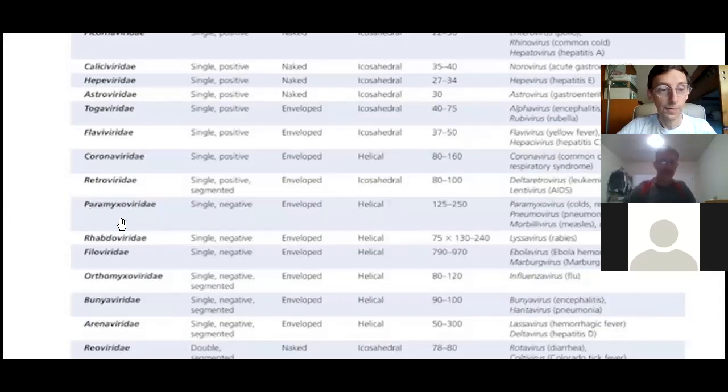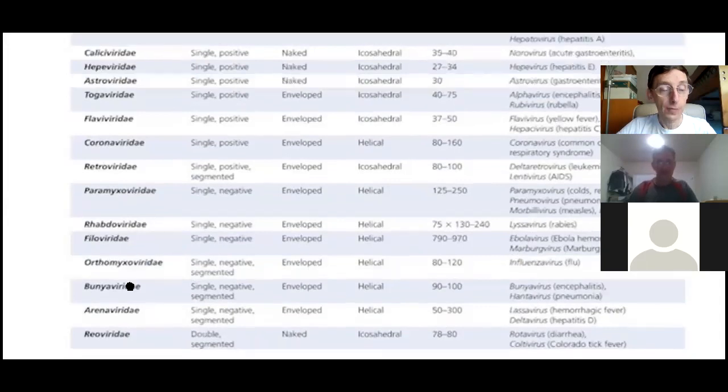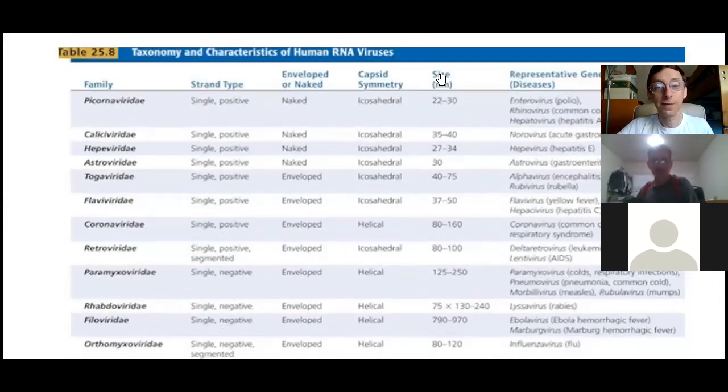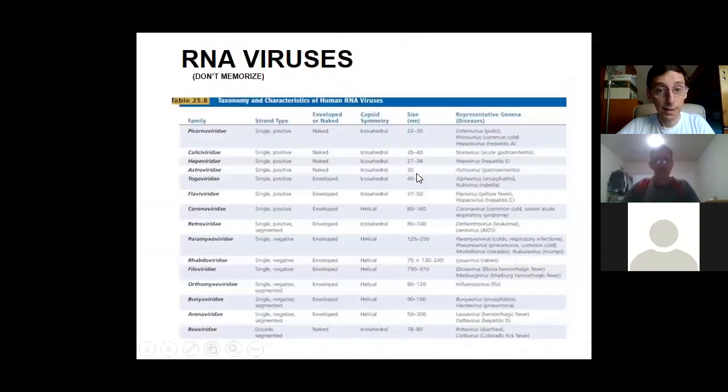So that's an important family of virus. We won't talk about the Orthomyxoviridae that cause the flu. And that's the last one that I just wanted to briefly talk about. Anyways, the point is there's lots of RNA families that infect human cells.